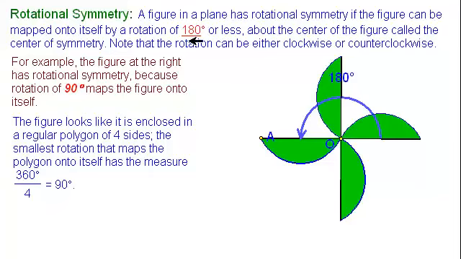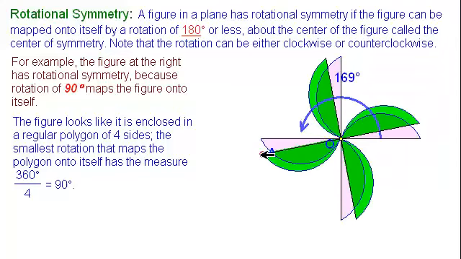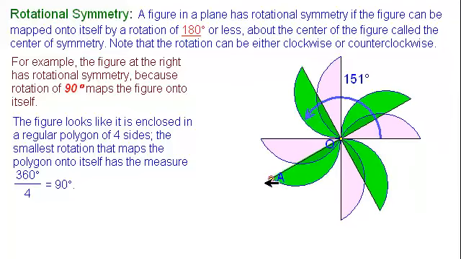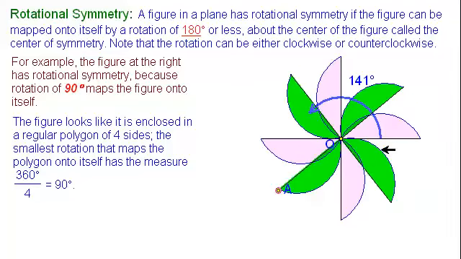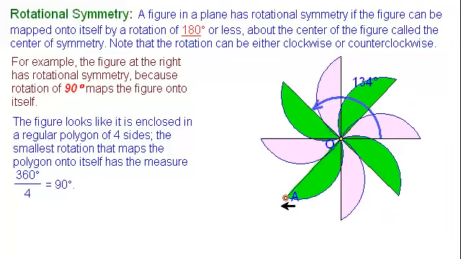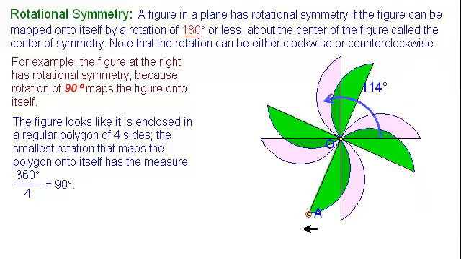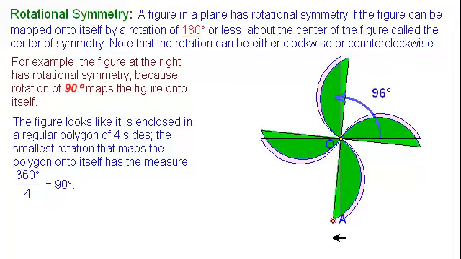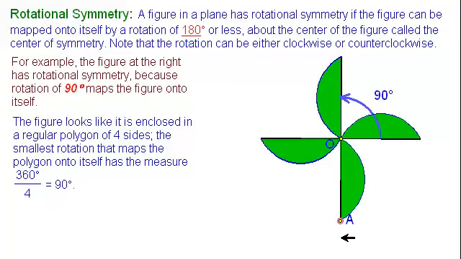But the condition is it should be 180 or less. What happens if I continue moving this? Watch. The angle of rotational symmetry, shown by this arrow, is not increasing. It should increase, but no, it is going back. And it matches when the angle of rotation is 90 degrees positive.